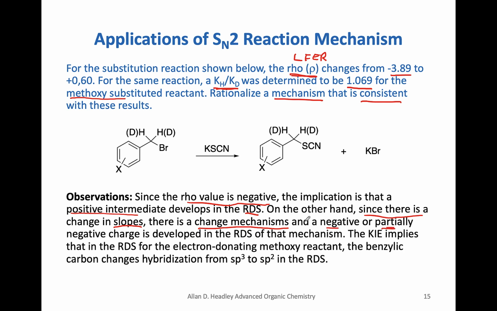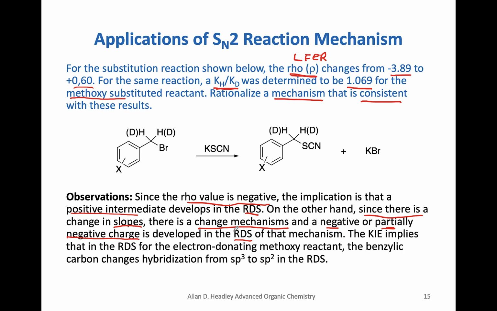So if rho is positive, as we can see up here, it means that a negative charge or partially negative charge was developed in the RDS. So you can see in the second mechanism, or in the other mechanism, it's not SN1.